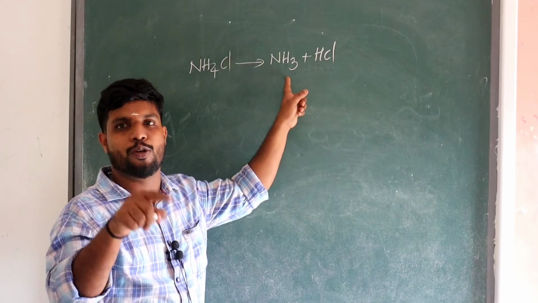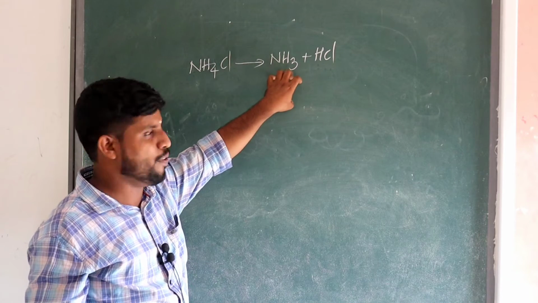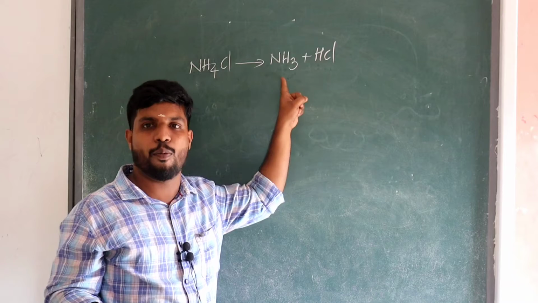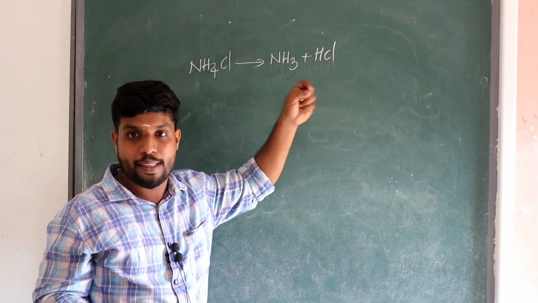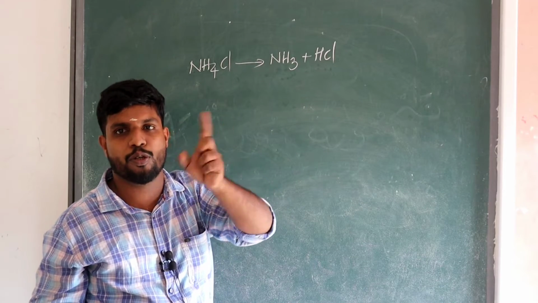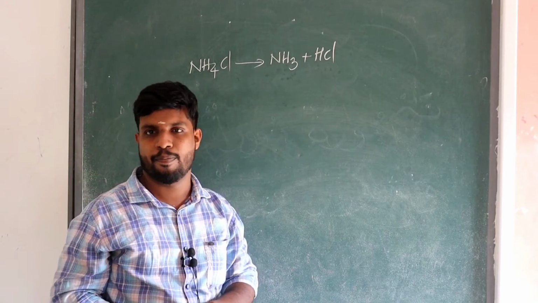The red litmus changes into blue due to the alkaline or basic nature of ammonia. After some time, HCl, which has a higher density than ammonia, comes out of the test tube. At that time we introduce a blue litmus in front of it, and it changes into red because HCl, hydrogen chloride, has acidic nature. So that is the difference.